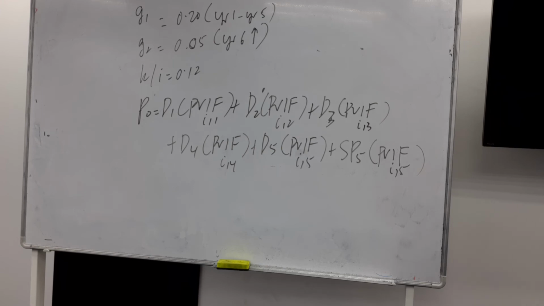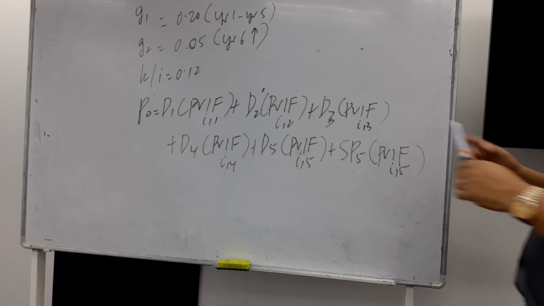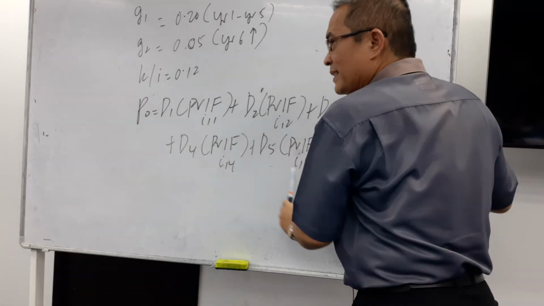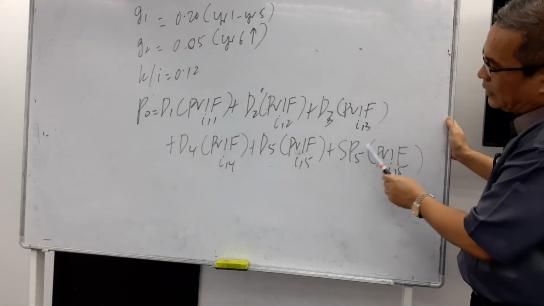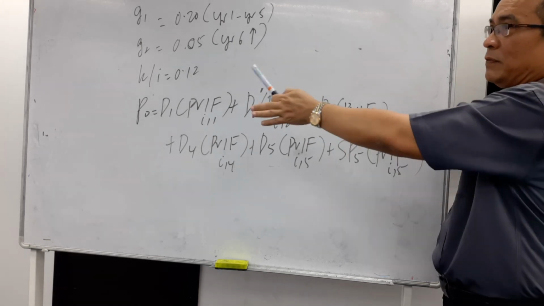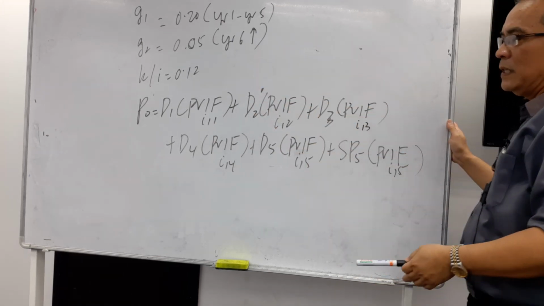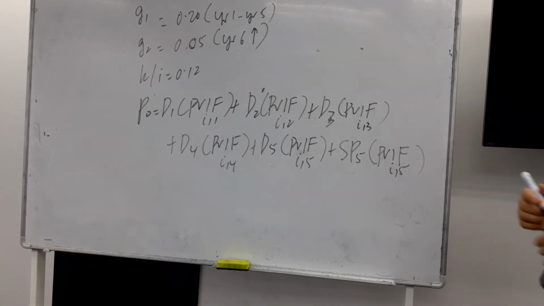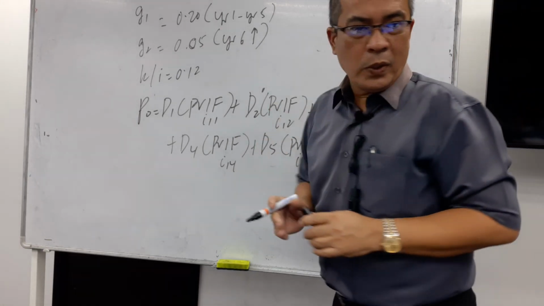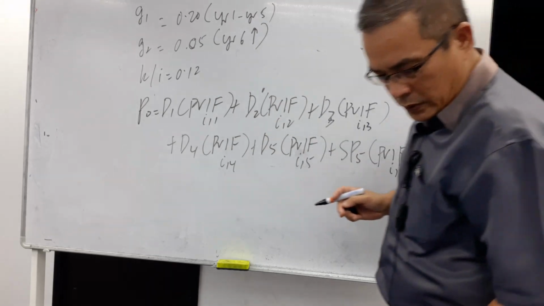So now, all you need to do is calculate all these unknown variables, including the SP5, and after that you can easily solve the equation. First, we are given D0.